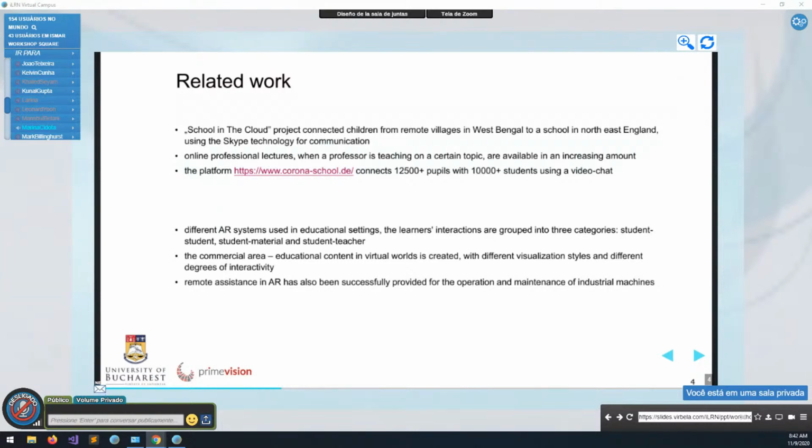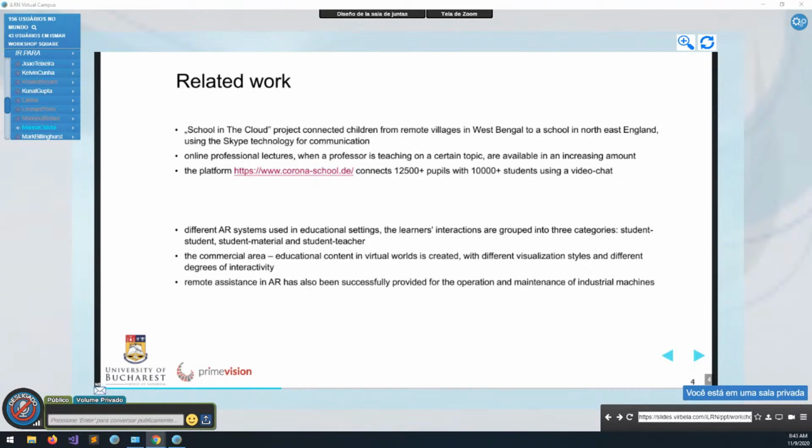Also, lately commercial companies are more and more involved in producing educational content. And also, AR for remote assistance has been successfully used in industry to provide remote maintenance of industrial machines.